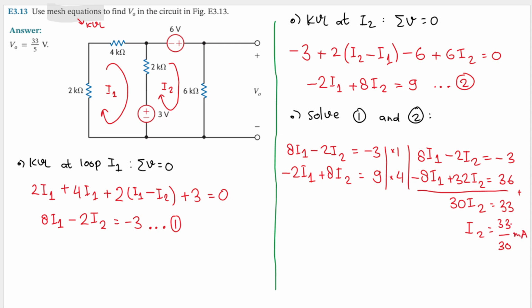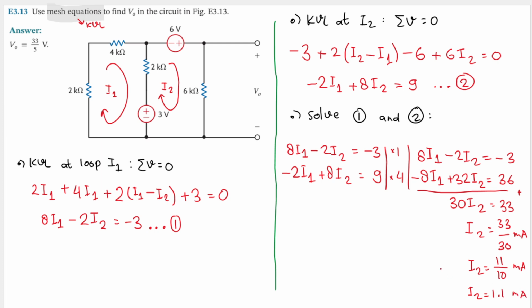And I think we can simplify this by dividing both numerator and denominator by 3, right? So we will have 11 over 10 milliampere, or we can rewrite that as I2 is equal to 1.1 milliampere.